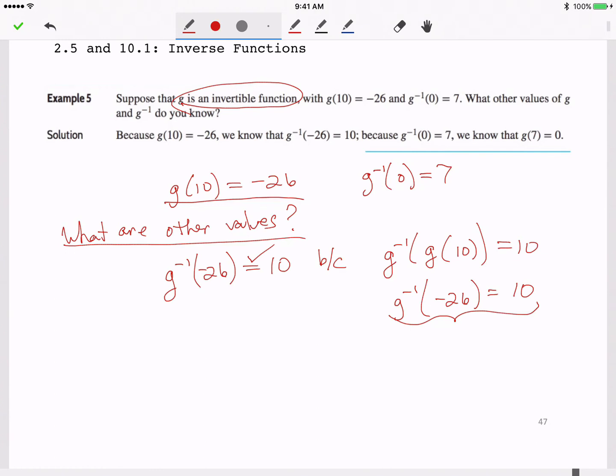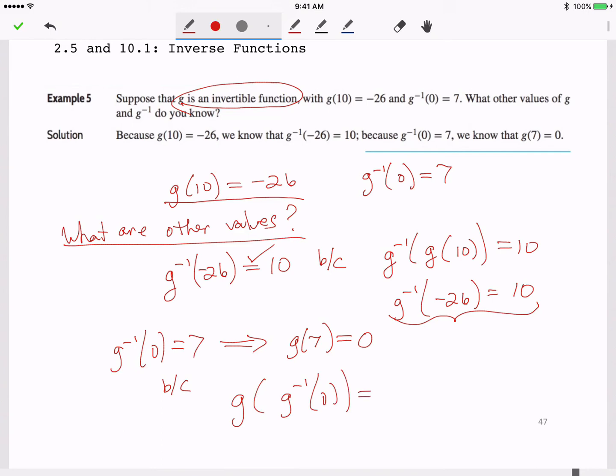The same holds for g inverse of 0 equaling 7. This will imply that g of 7 has to be equal to 0, because you know that g of g inverse of 0 has to be equal to 0. So to get that to happen, g inverse of 0 has to be equal to 7, because g of 7 was equal to 0.